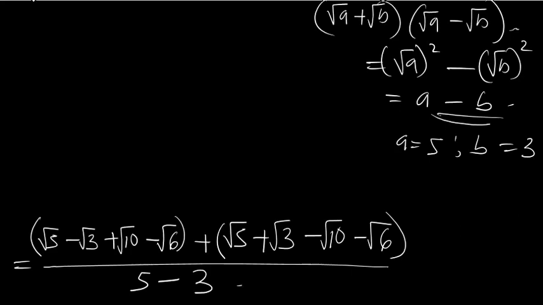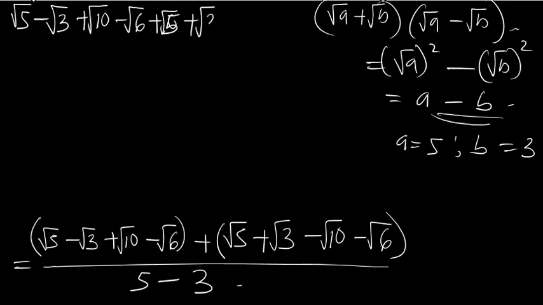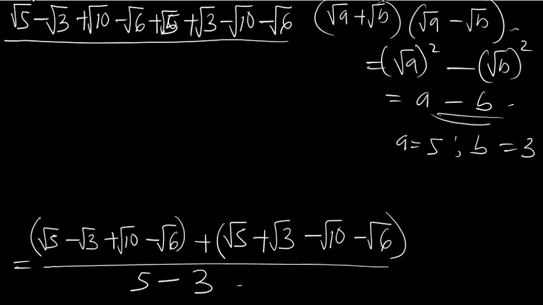We'll say the square root of 5 minus the square root of 3 plus the square root of 10 minus the square root of 6. Then, since here is plus, it's just the same expression we write here: plus the square root of 5 plus the square root of 3 minus the square root of 10 minus the square root of 6, divided by 5 minus 3, which is 2.